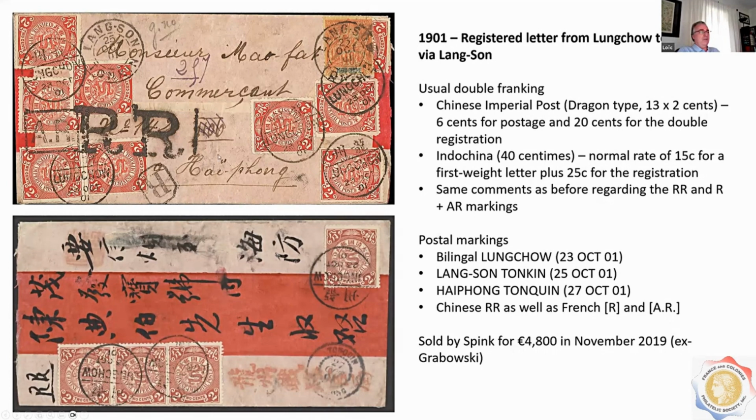This one used to be in Ed's collection. It has thirteen 2 cent stamps, so 26 cents, same explanation, 6 cents for postage, 20 cents for the double registration, and then only 40 centimes on the French or Indo-Chinese side. And it went for a pretty penny back in November 2019.